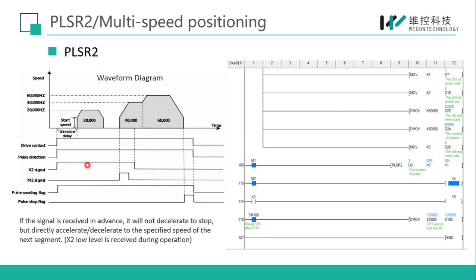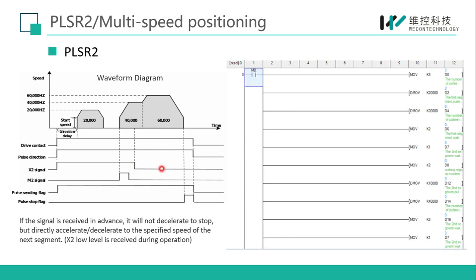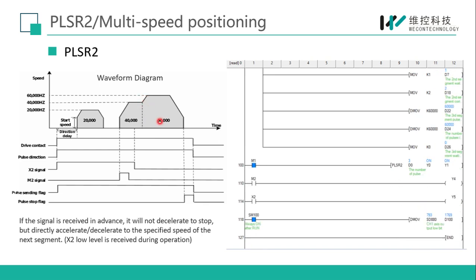And when the X2 signal goes from on to off, and you keep it off, it will continue to output another 60,000 pulses. As you can see in this mode.